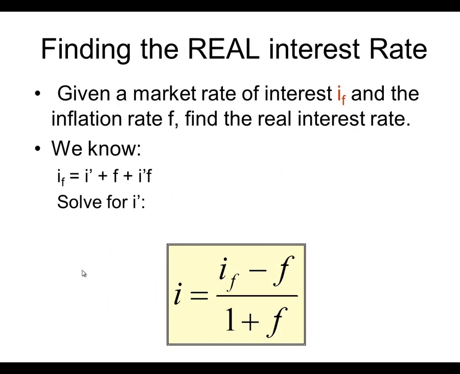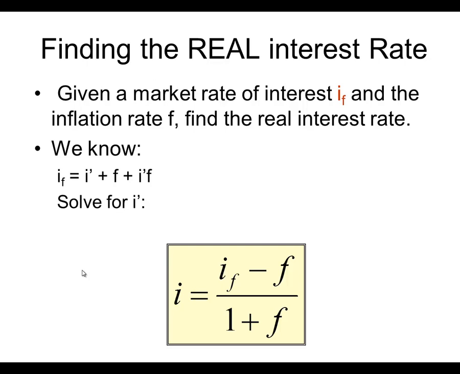Given a market rate of interest i_f and the inflation rate of f, find the real interest rate for a certain amount. Can we use the same formula to do that?